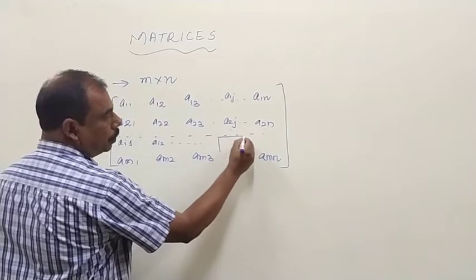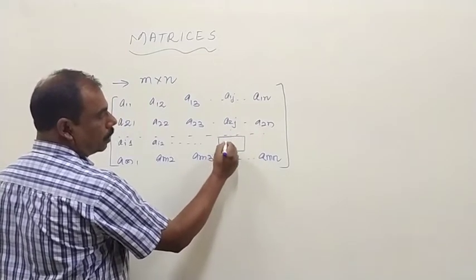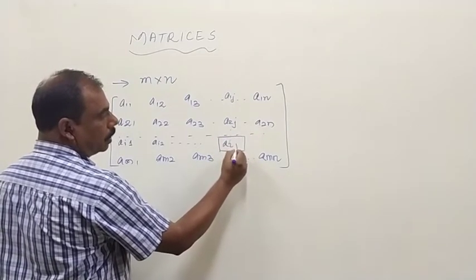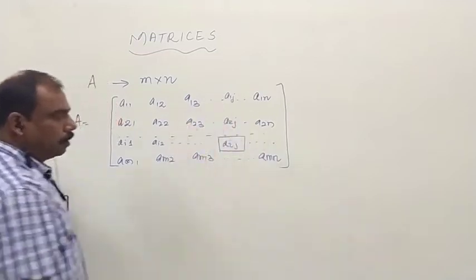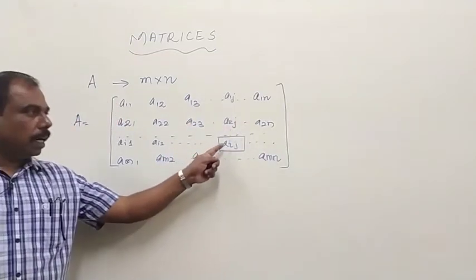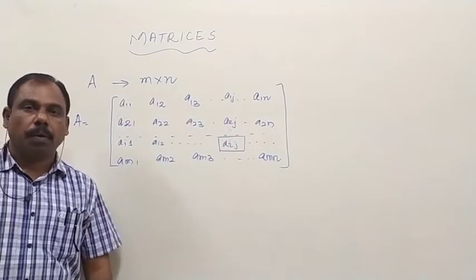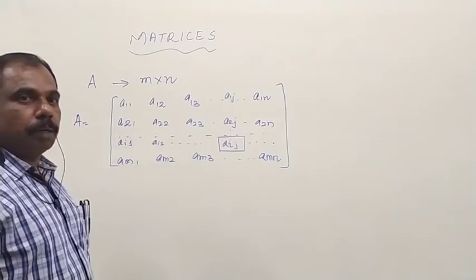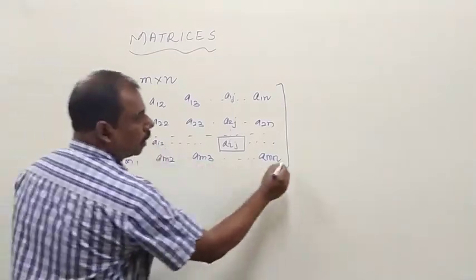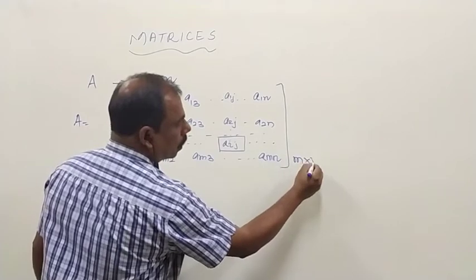Here we get a common element, Aij, etc. That means Aij is the common element, the general element of the matrix A that has the order m by n.